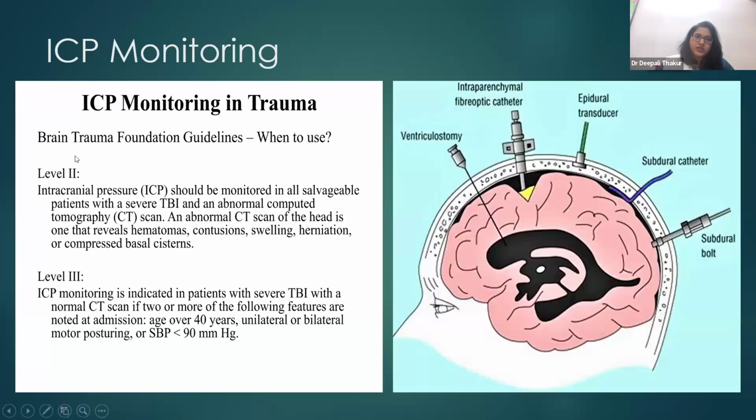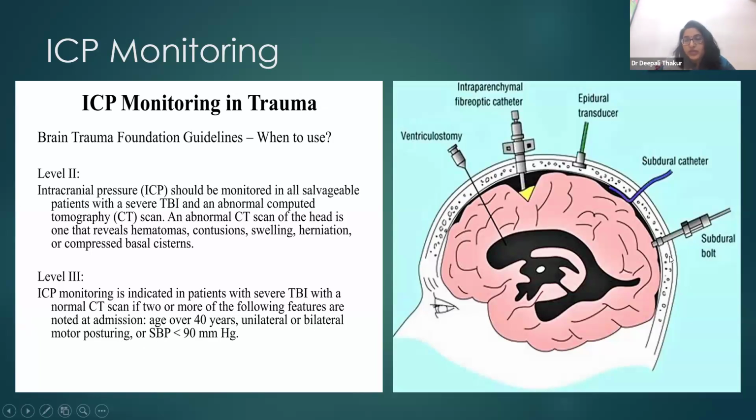Coming to ICP monitoring, level 2, level 3 evidence is there. All patients with severe traumatic brain injury with abnormal CT findings, you should be monitoring ICP. And for patients with severe TBI with normal CT, if your patient has two of these factors, like age more than 40, unilateral or bilateral motor posturing, or systolic BP less than 90, then you're supposed to monitor ICP.